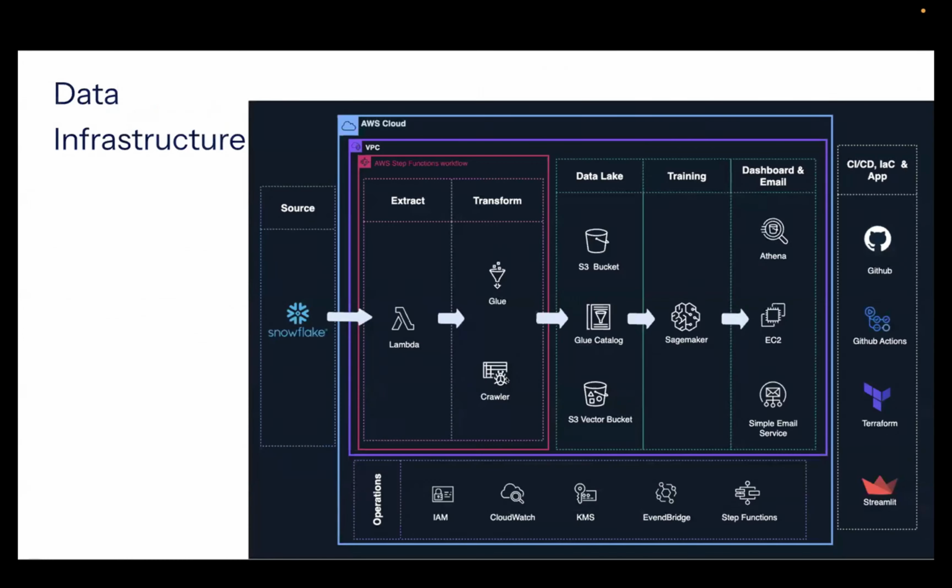Next, I want to briefly discuss our data infrastructure. I won't go into the details, because each of my group members will cover one part in much more detail. Basically, we have a few sections: data ingestion, which includes the source and the extract, and the ETL part, which is the transform.